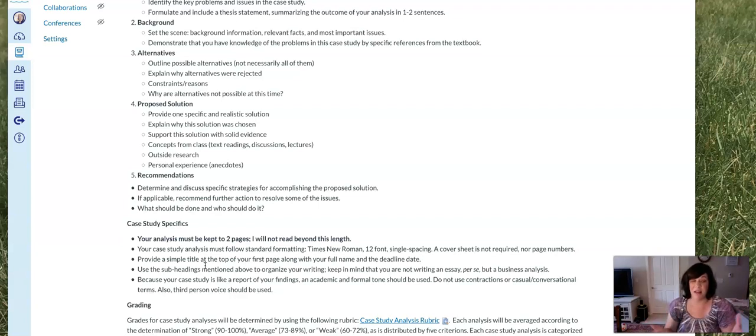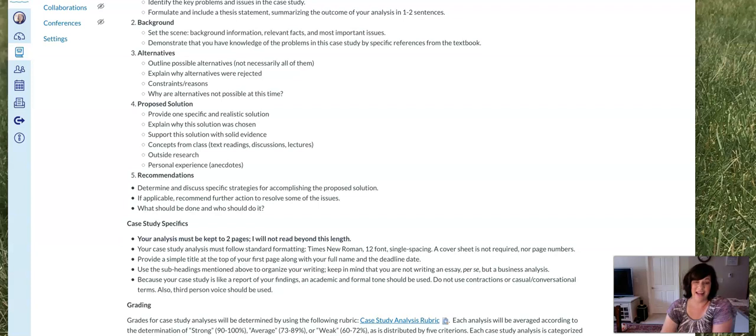The more professional tone you have, the more credibility you would have in the likelihood that this recommendation would be implemented within the business.